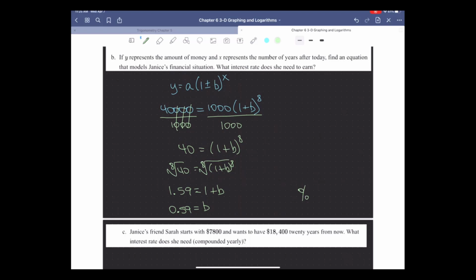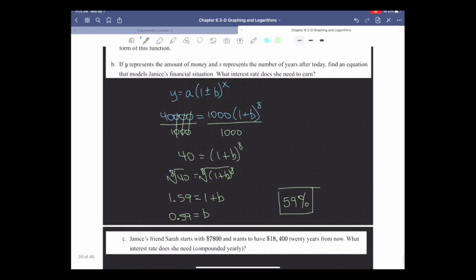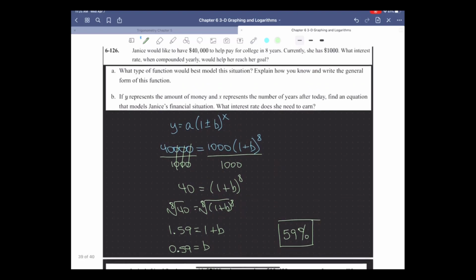Yeah, I move the decimal over 2 places, and I get 59%. So if she has $1,000 and she wants to make $40,000 in 8 years, she needs the bank to pay her an interest rate of 59%.